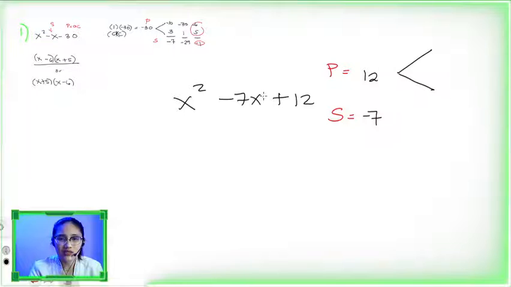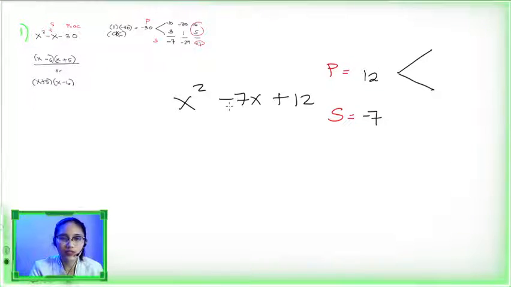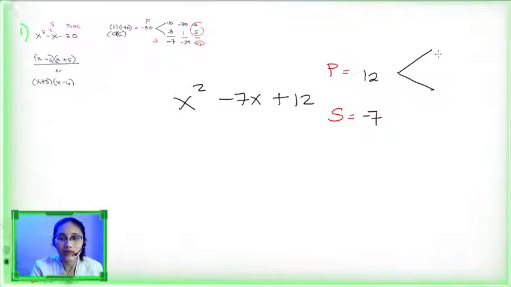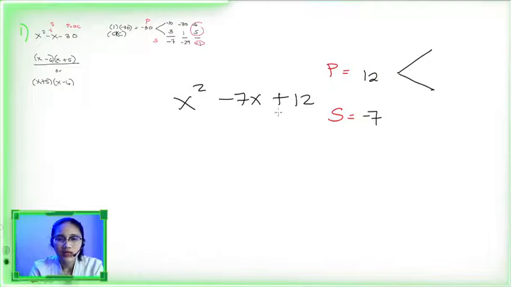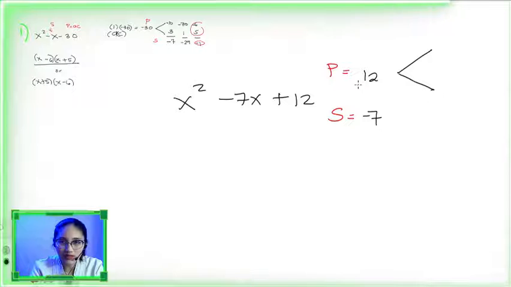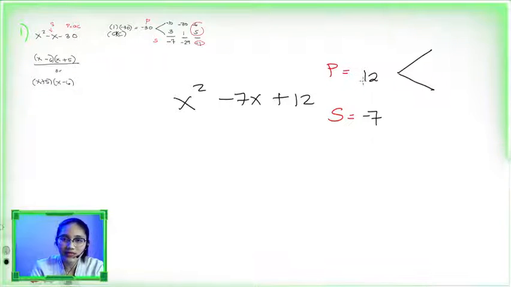So, para mas sure tayo, ma-lessen yung choices natin, take natin yung linear term. Ang linear term natin dito ay negative. So, mean to say, yung mga pairs na hinahanap natin ay parehas na negative. Then, ang product ay positive 12.